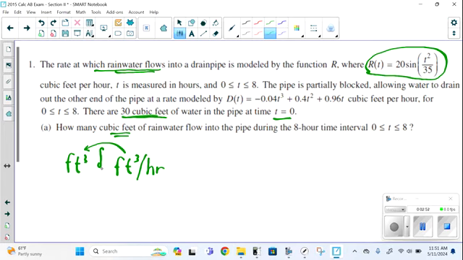They give us two bounds here, from 0 to 8. So all I've got to do here, and this is really easy, especially with the calculator, is integrate r of t dt from 0 to 8. Don't forget your dummy variable. They will take points off. I'm going to put that right in the calculator.